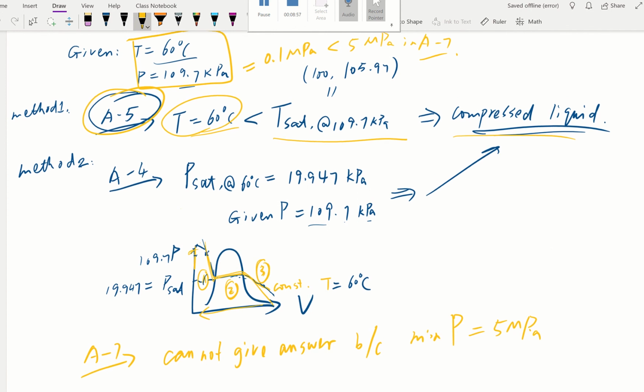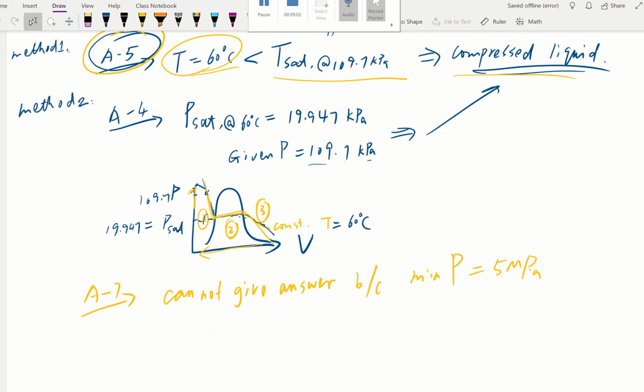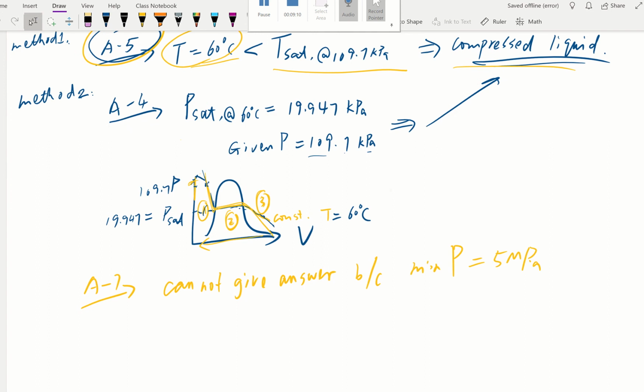So we're going to approximate. Since this is compressed liquid, we're going to use saturated liquid to estimate it. So here's how. This V we're solving for is going to be approximated as Vf, because it's a liquid, right?